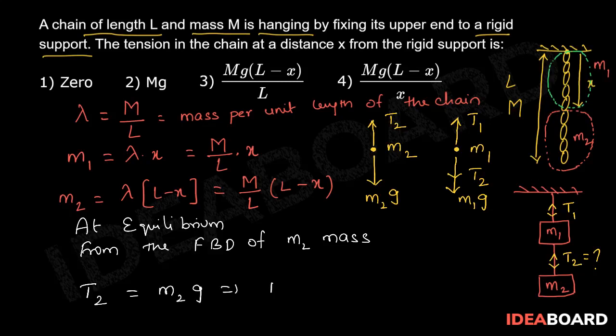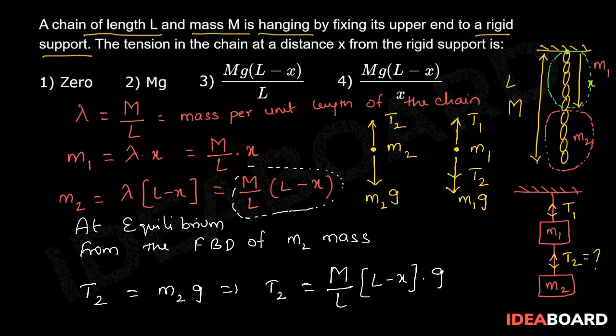So this implies T2 equals to m2 is capital M upon capital L times of capital L minus x times of G.